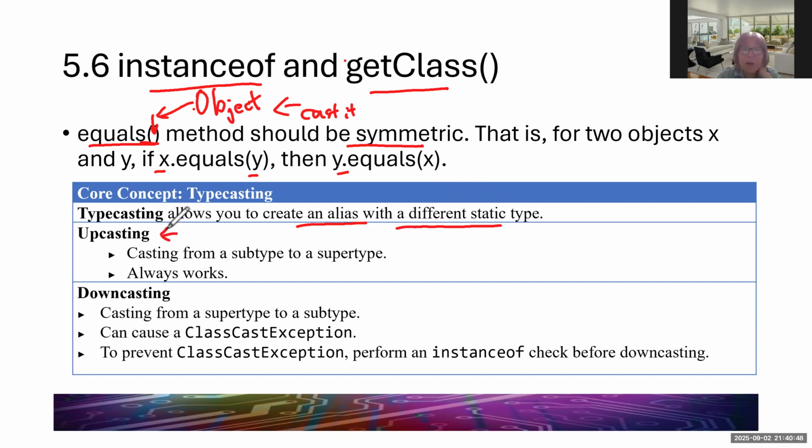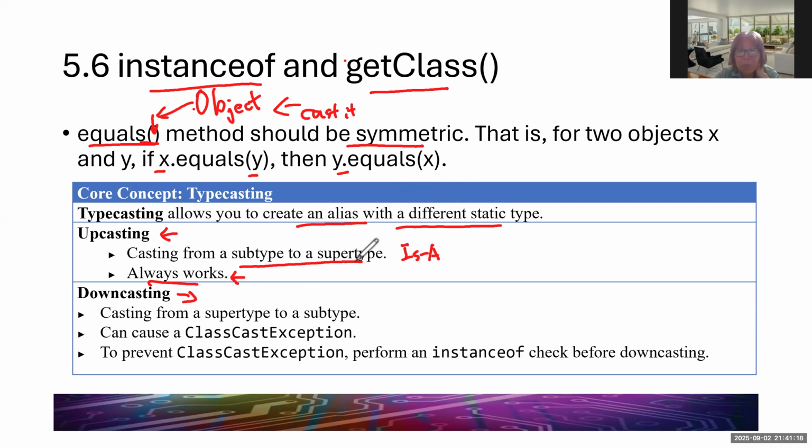So upcasting is casting from subtype to supertype. Of course, that's always going to work because of the is-a relationship between subtype and supertype. But downcasting: can you cast an object to a person?